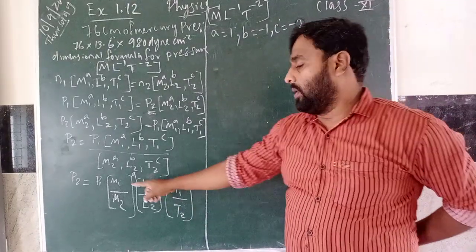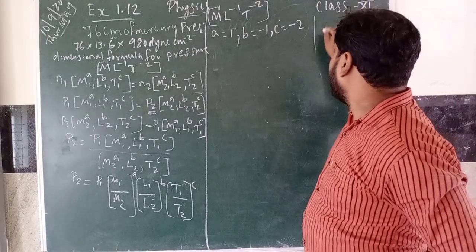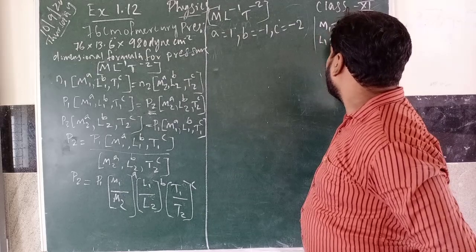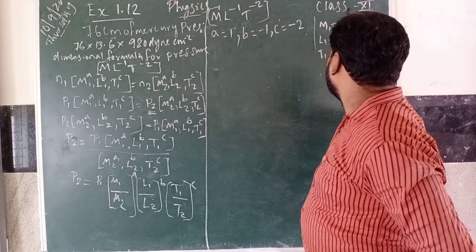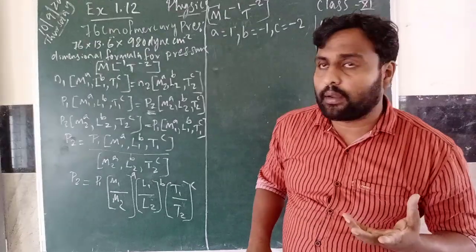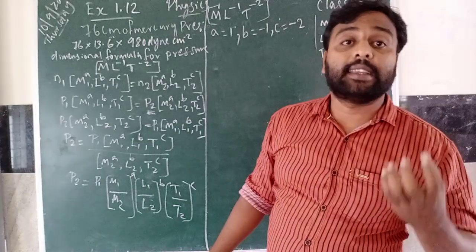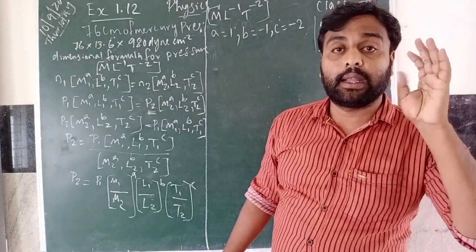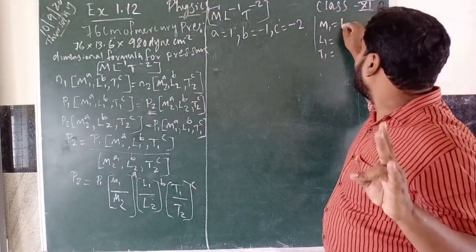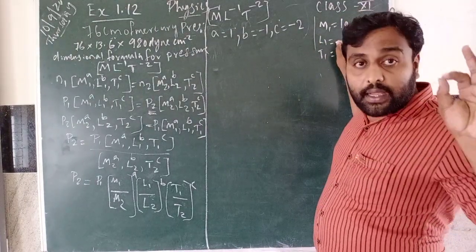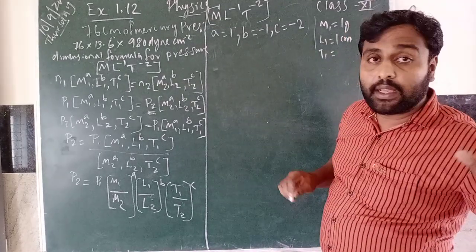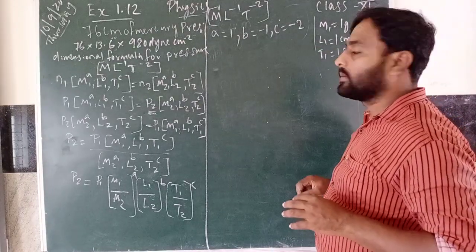Now take the M1, M2 values. Here M1, L1, T1 is what set of units? CGS: centimeter, gram, second. So you take M1 as 1 gram, L1 as 1 centimeter, T1 as 1 second.